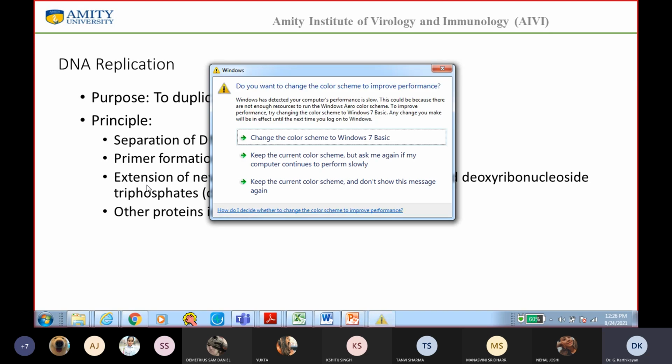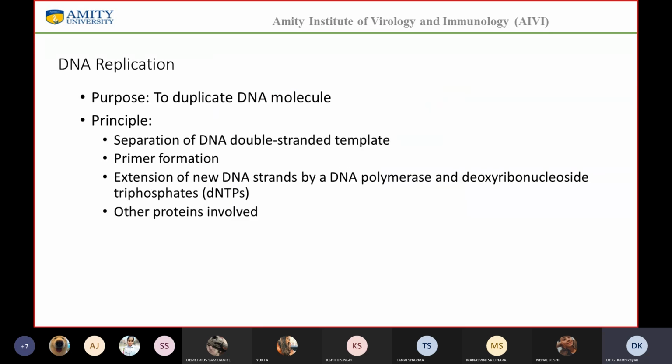Initially people used to call them oligos, forward oligo, reverse oligo, but nowadays people simply call them forward primer and reverse primer. So they are the same.